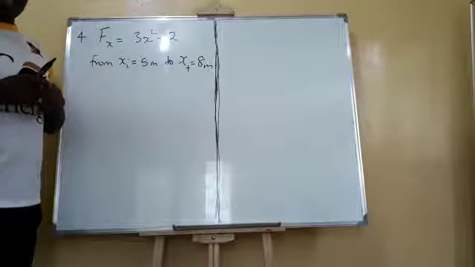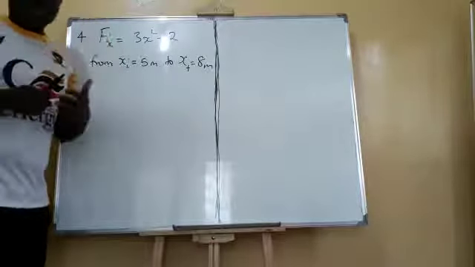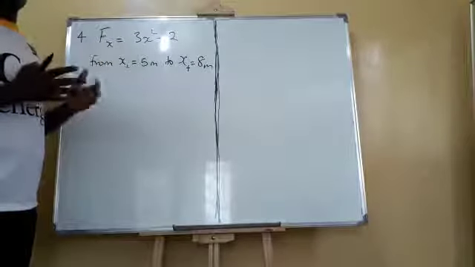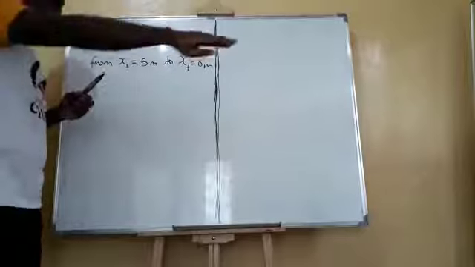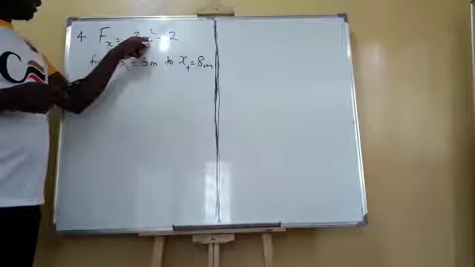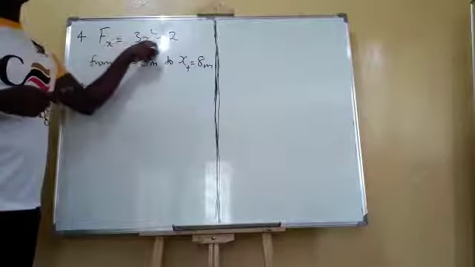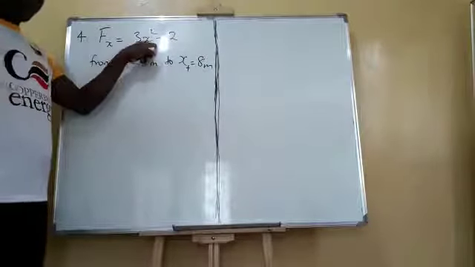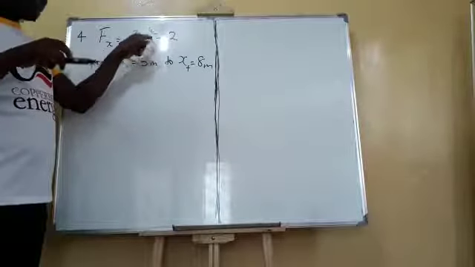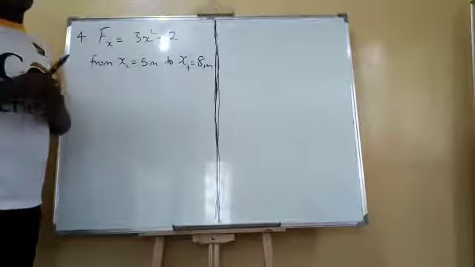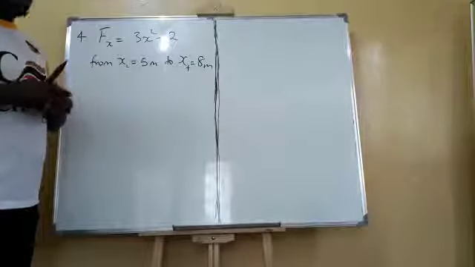So in the previous case, we were dealing with the work done by a constant force, where the force is constant throughout as you apply it on an object. Now in this case, this force is given as a function of x. So as a particle changes position, the force also changes in terms of magnitude.